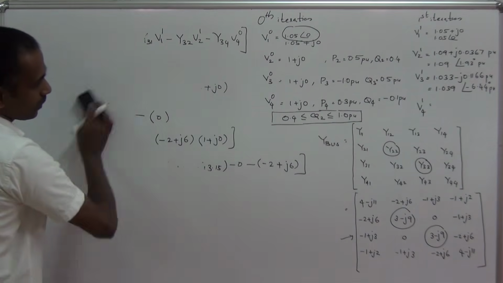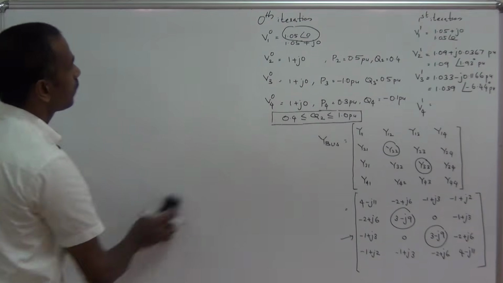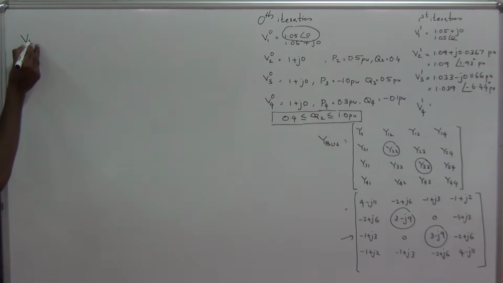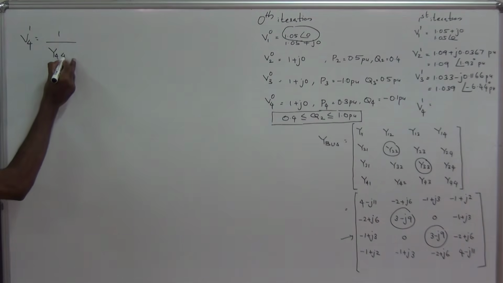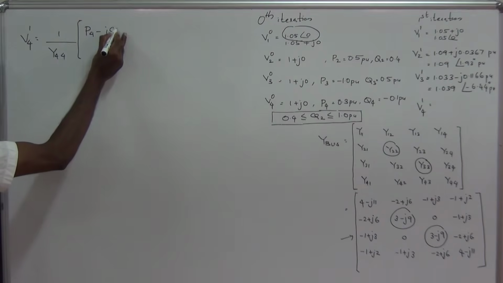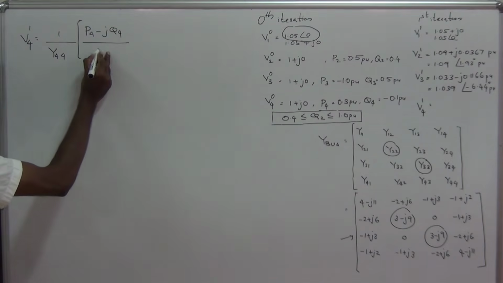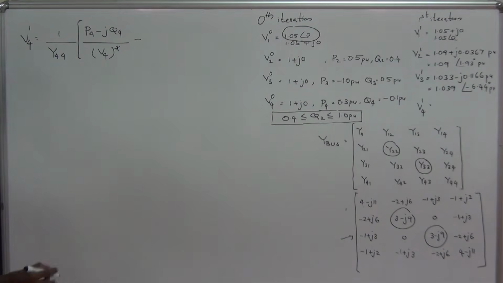The fourth bus is also a PQ bus. V4^1 equals 1 by Y44 into (P4 minus jQ4 divided by V4 conjugate minus.